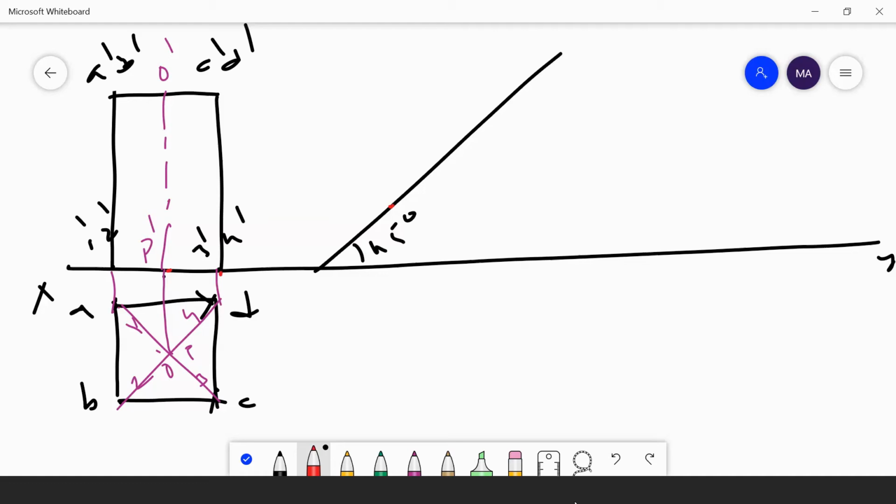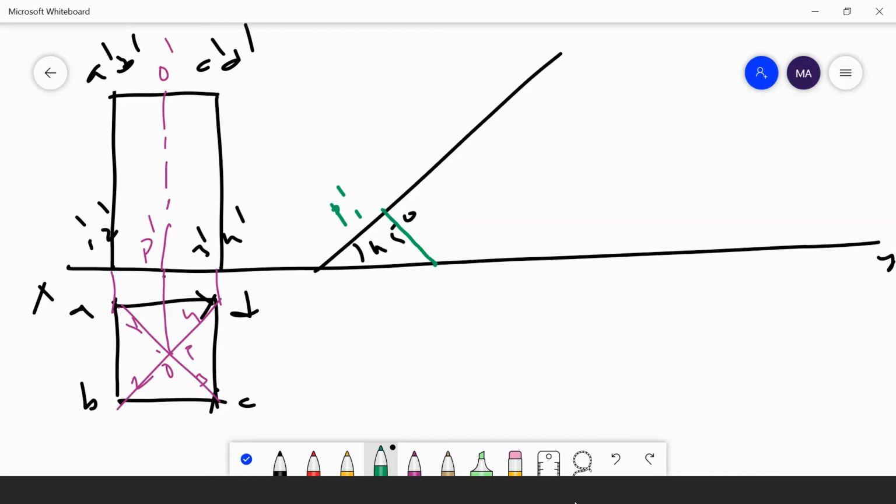Wherever it is touching here, I will put one point here. It is getting the distance here. Here I will get this one, point P1 dash.